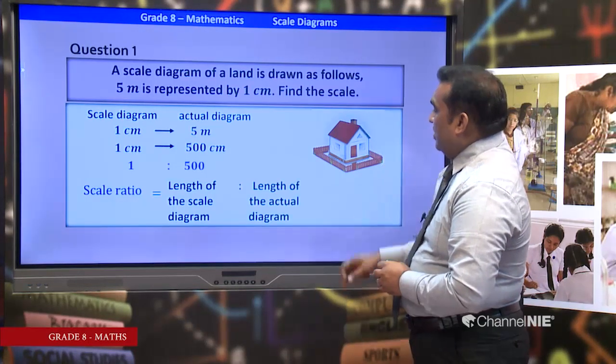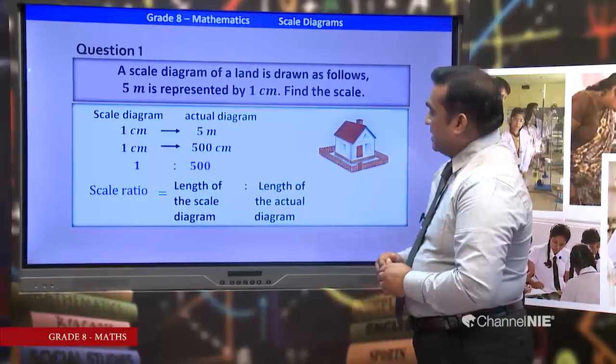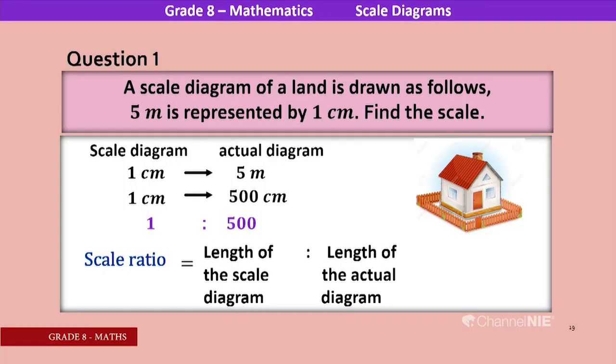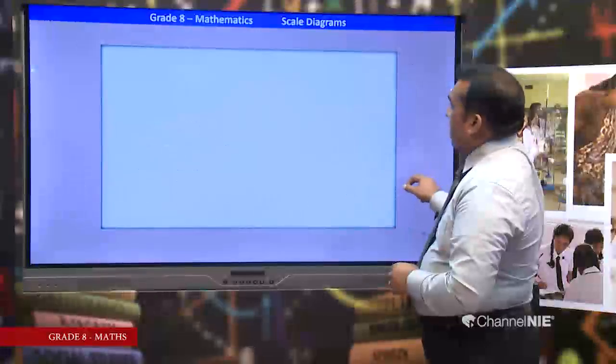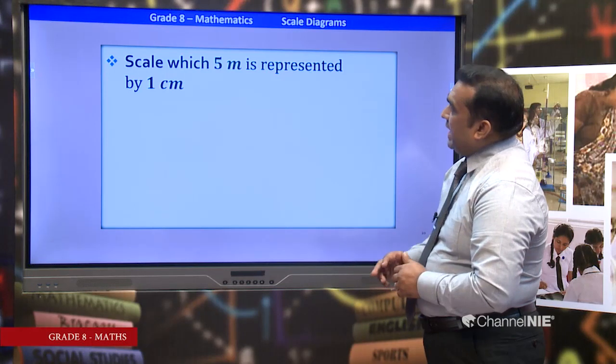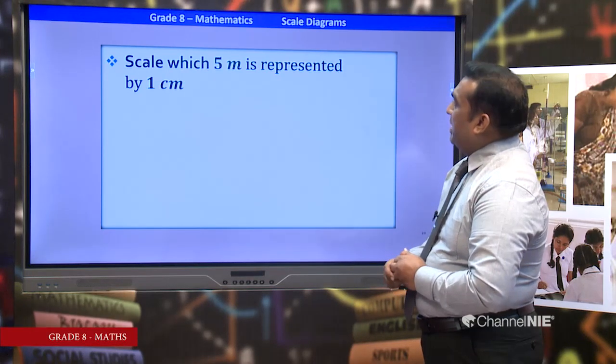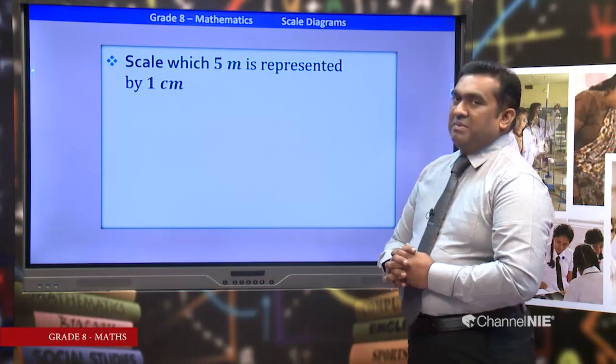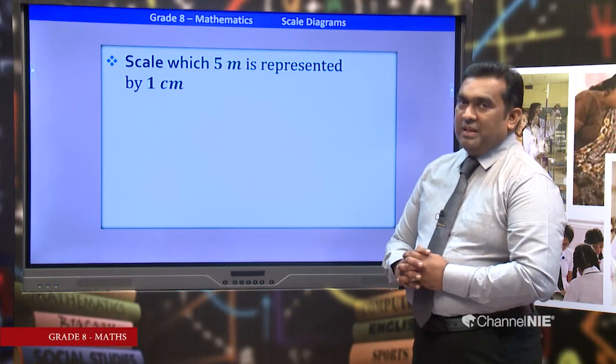Scale ratio, length of the scale diagram is to length of the actual diagram, 1 is to 500. The scale in which 5 meters is represented by 1 centimeter, right?